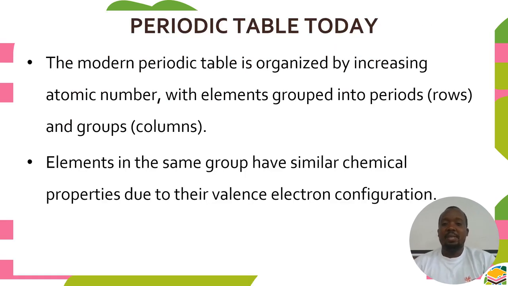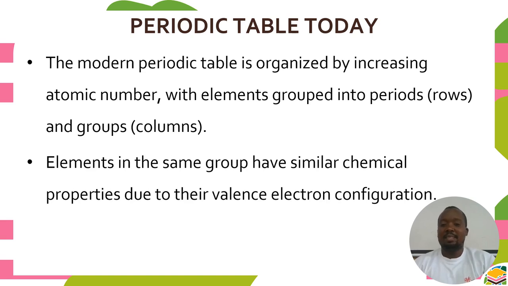So the modern periodic table, the table which we use today, is organized by increasing atomic number with elements grouped into periods, which are the rows of the table, and the groups which are the columns of the table.